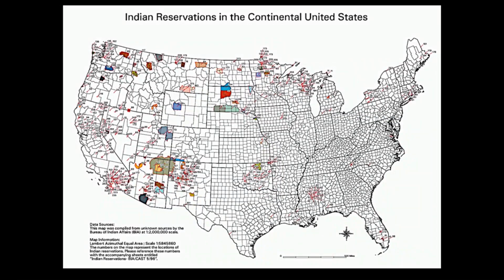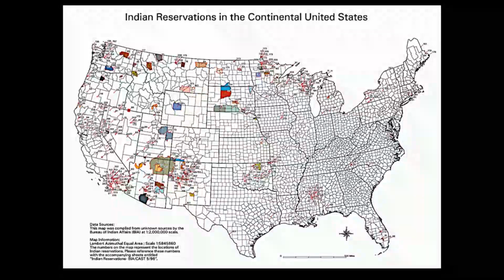And we cannot understand the here and now and the present day reality that there are 574 Native nations with formal political relations with the United States. And so we have to understand the nationhood and the sovereignty of Native nations.